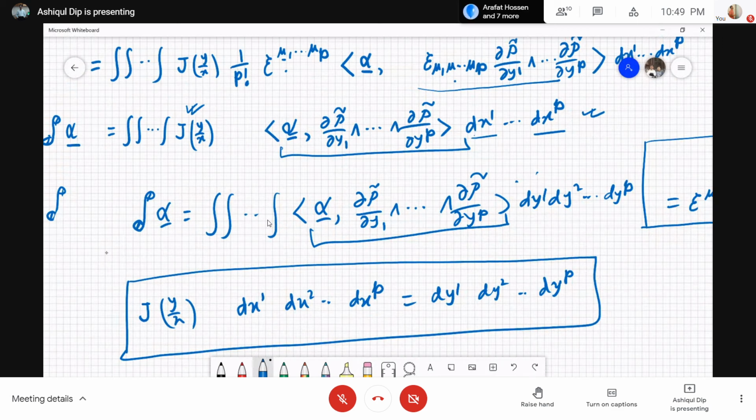On the other side we wrote it directly in terms of the y coordinate, and we matched the integrals. Here the differential is just dy1, dy2 up to dyp. In the other we have dx1, dx2 up to dxp times the Jacobian. So that's the result I have been looking for.